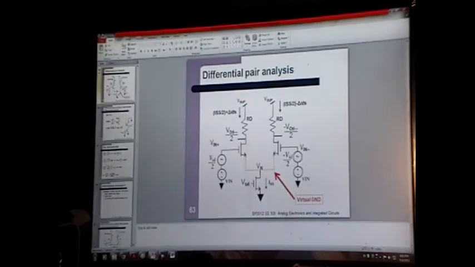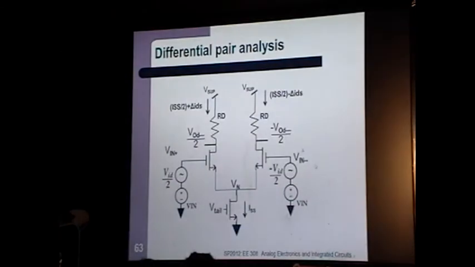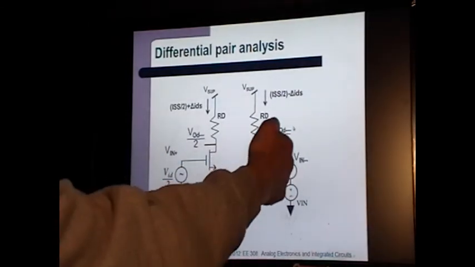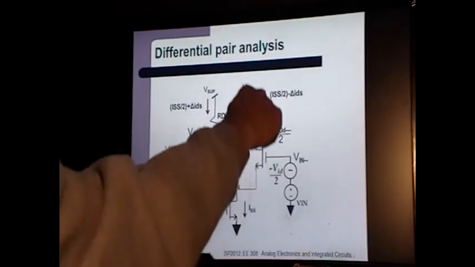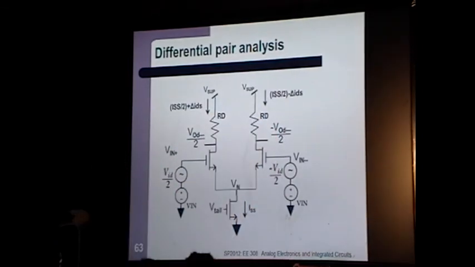Can't draw very well, but instead of a resistor here, you have a transistor, and then when you look in from the output, so this gets replaced with an NPN transistor. Now you're looking up into ro and down into ro. There's an ro in parallel with ro. You get ro over 2.